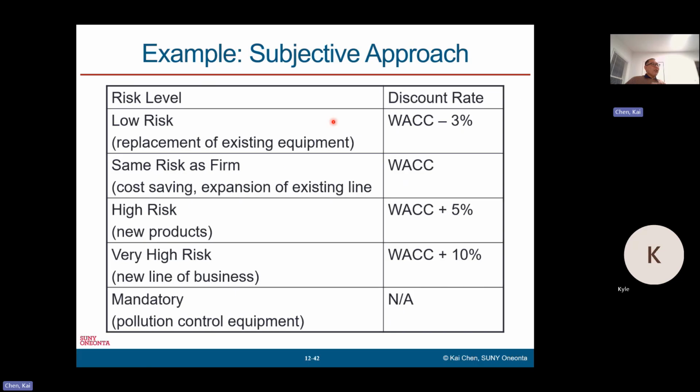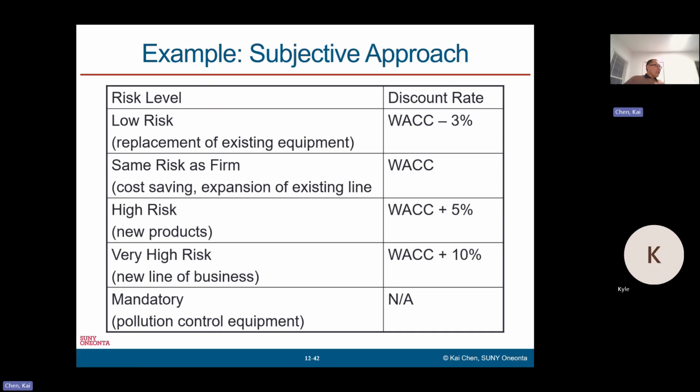In this case, we can use the discount rate WACC minus 3%. We can estimate the WACC and then subtract 3% from the WACC. Then we can use this number as the discount rate of this project.